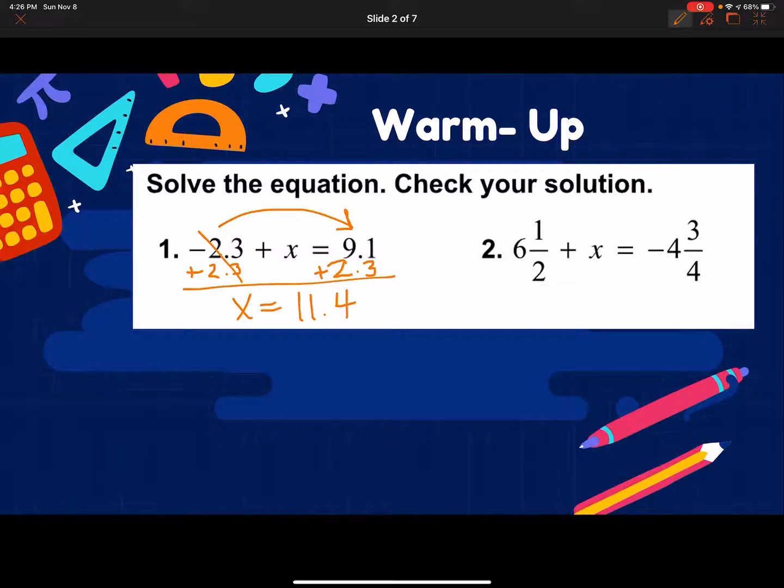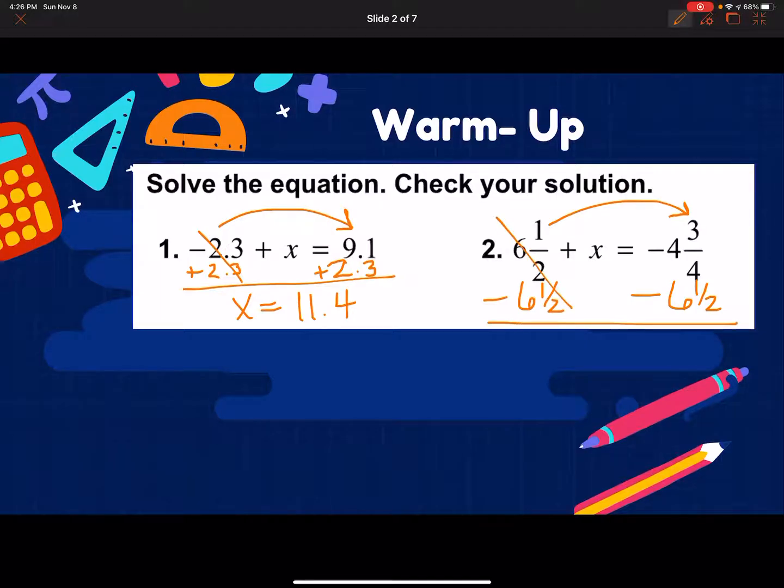Okay, same process with number 2. We have 6 1/2 plus x equals negative 4 3/4. We're going to start on the left side again because that's the side of the equal sign our variable is located on. Our 6 1/2 is a positive, so we're going to move it across the equal sign and we're going to change the sign. Or you can think about doing the opposite on that side.